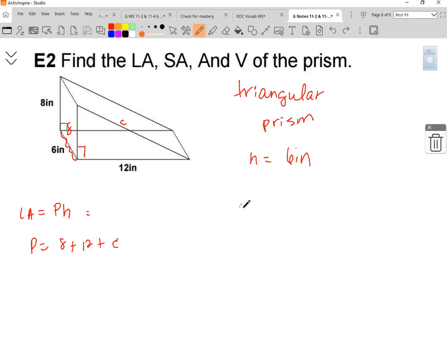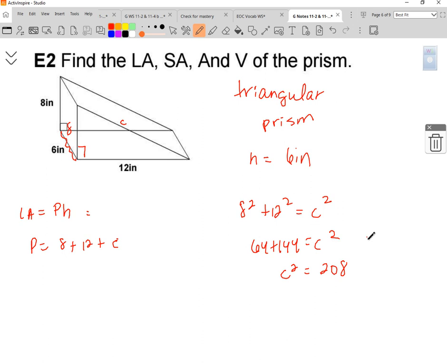So it's going to be 8 squared plus 12 squared equals c squared. So 64 plus 144 equals c squared. I think it's 208. Yep.